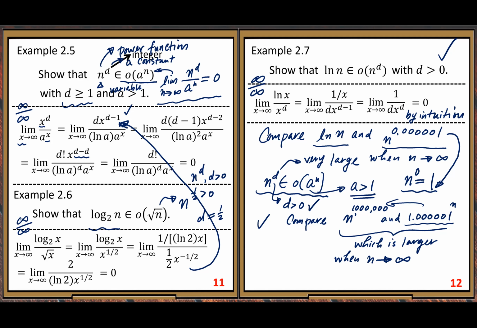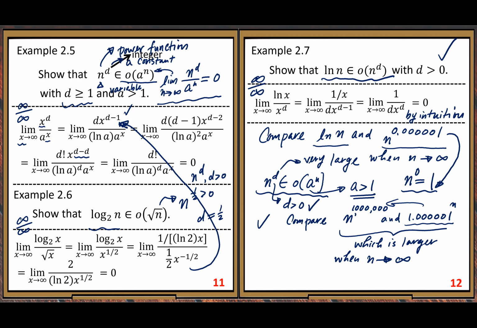But can you take a look at our example 2.7? Example 2.7 tells us the log function cannot compete with the power function n to the d if d is positive. We don't mind how small the d number is, how close the d number is to 0.